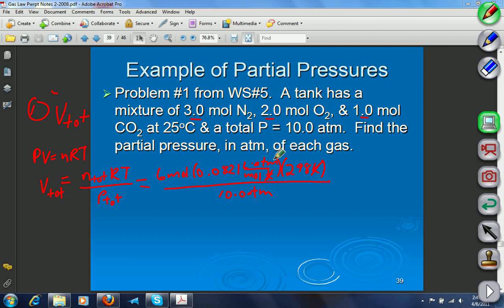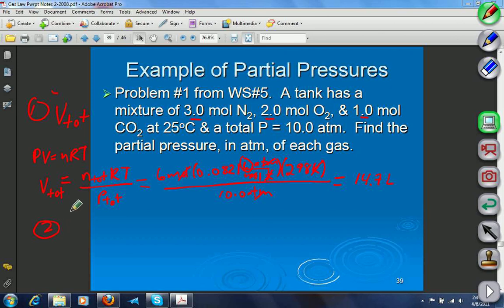So once we do all the math, let's make sure everything cancels: K cancels K, atm cancels atm, mole cancels mole, and somewhere in there, we're left with liters. So we do all that math and we should get 14.7 liters. That is the total volume.